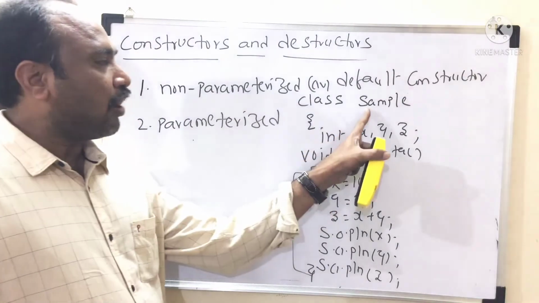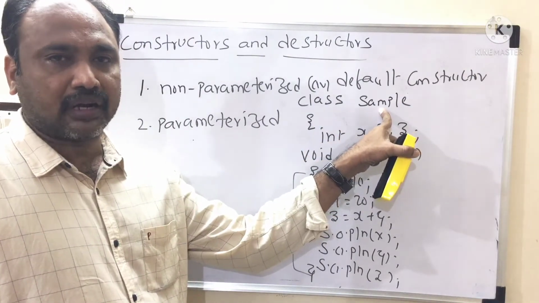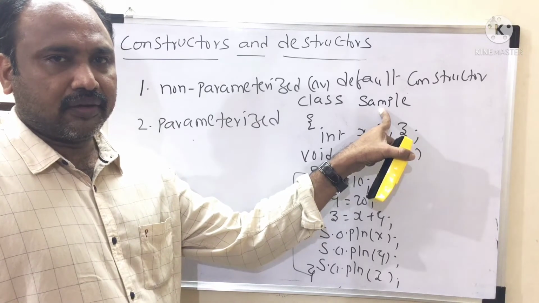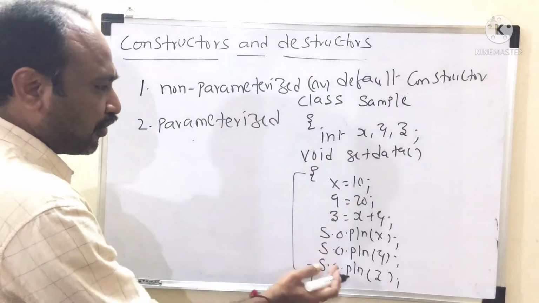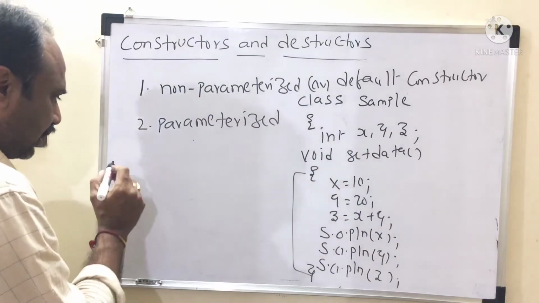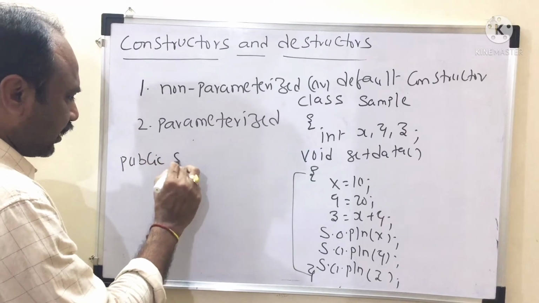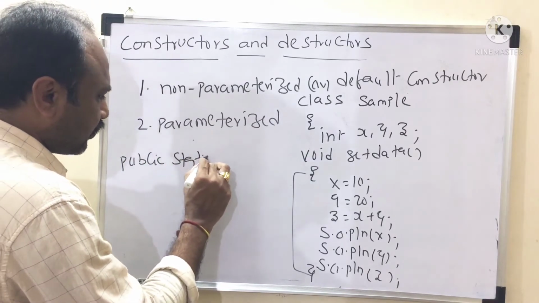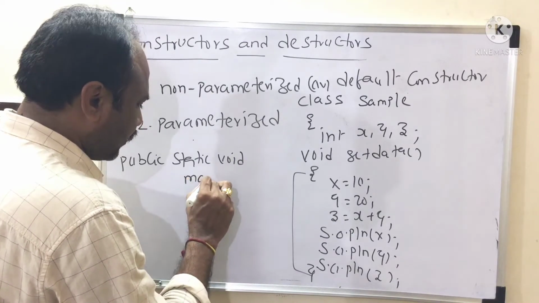Now I have to access this Sample class data. What do we have to do? We have to create an object. Where do we have to create the object? We have to write the main program. I am continuing here: public static void main String args.